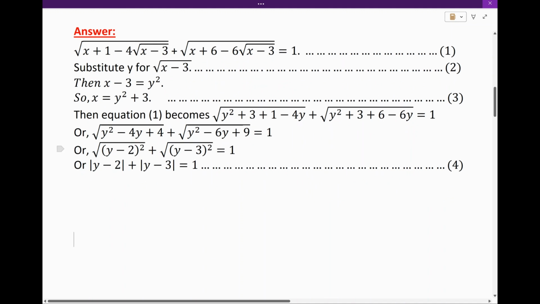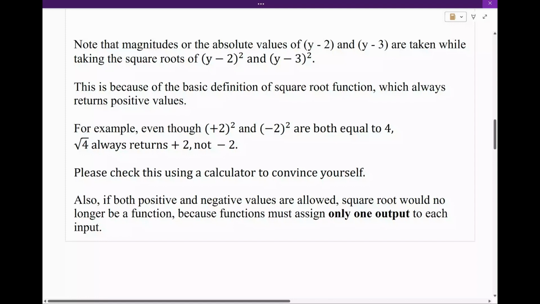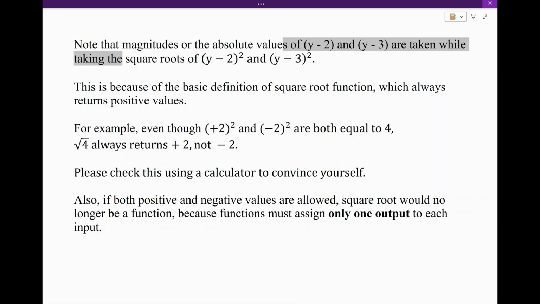So, because there is square inside and square root outside, we can take the square root, and the answer is magnitude of y minus 2 plus magnitude of y minus 3 is equal to 1. Note that the absolute values of y minus 2 and y minus 3 are taken while taking the square roots.